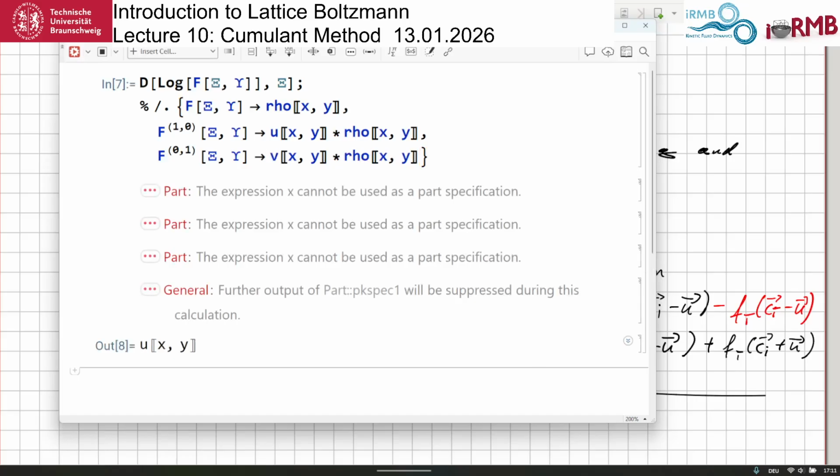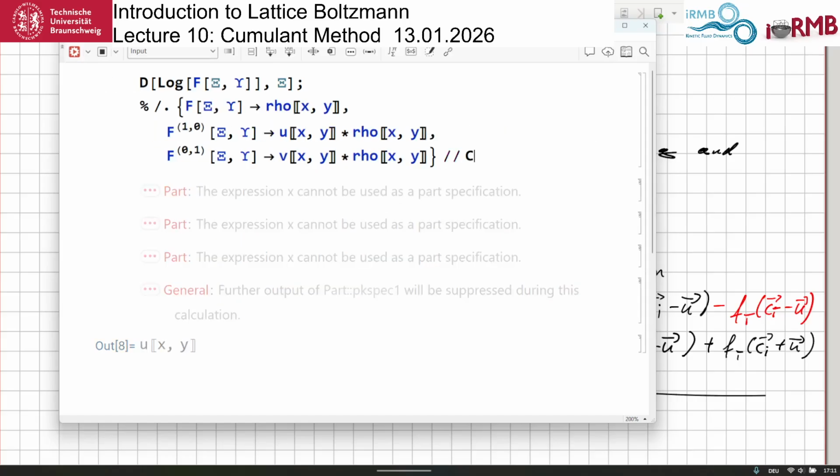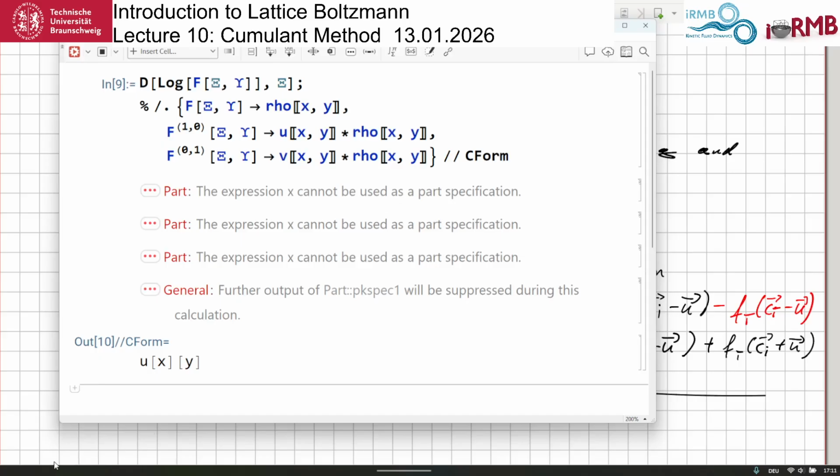V. So I mean this of course looks different, but the idea now is that we can put this to C form. And this gives us the right form of this.